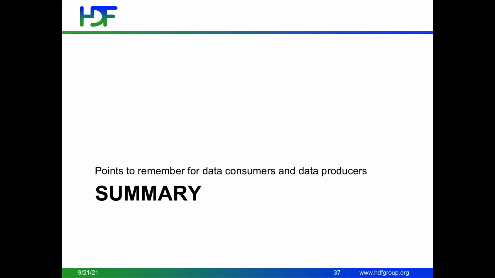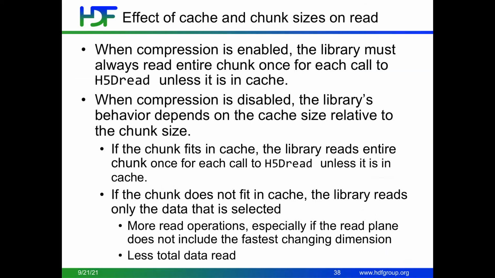So in summary, when compression is enabled, the library always must read the entire chunk for each H5D read, unless the chunk is already in cache. For example, if you create a big hyperslab, it will read several chunks and put them in the cache, as many as it can fit, or it will read one chunk, but the I/O is done on a whole chunk.